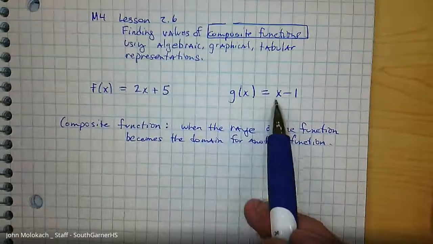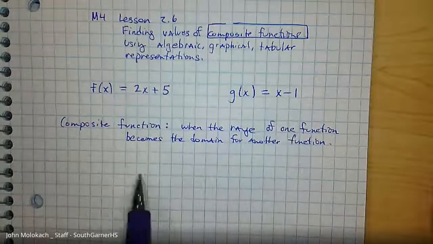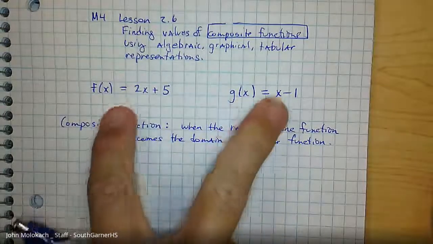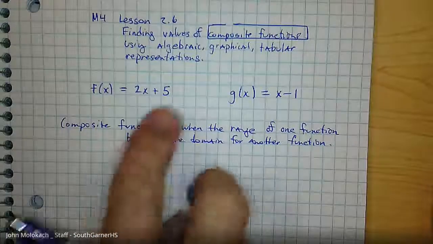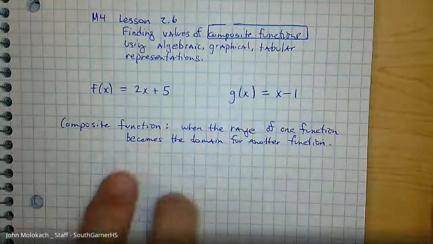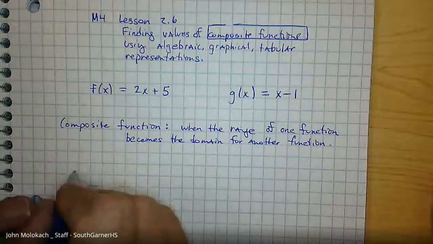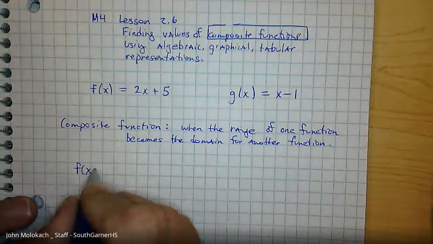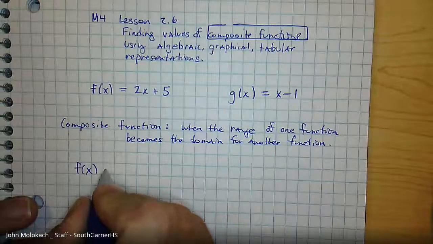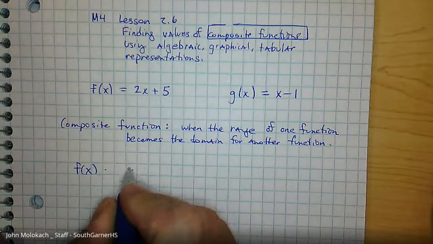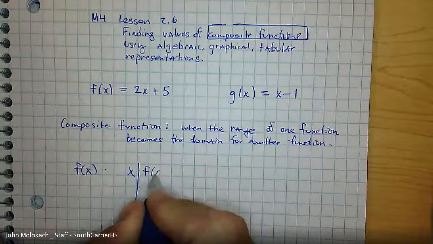that we find some x and y values for a function. We can pick either f or g, and we have a table. We'll start with a table of values, okay? So a table of values, we'll say that f of x has the following table of values. So x, f of x.